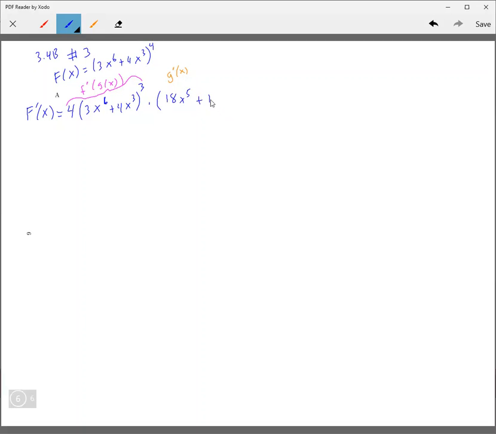Bring the 3 down, that's 12, x squared. And also all this is the derivative of the inner function. Okay, so that's just using the chain rule there.